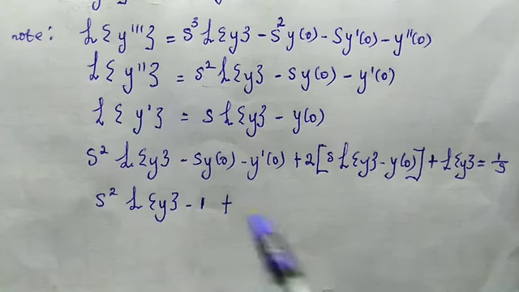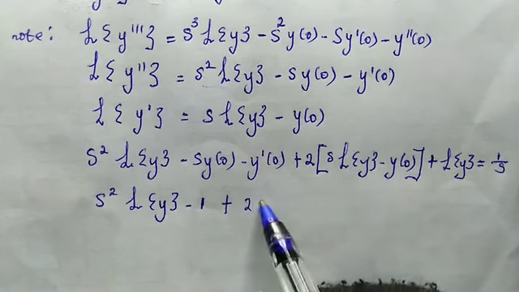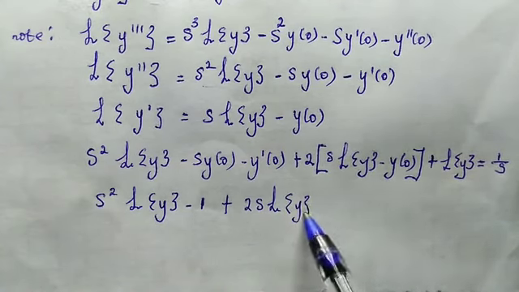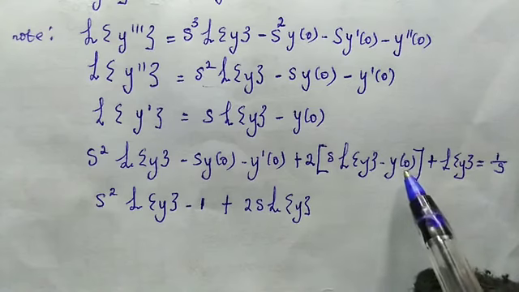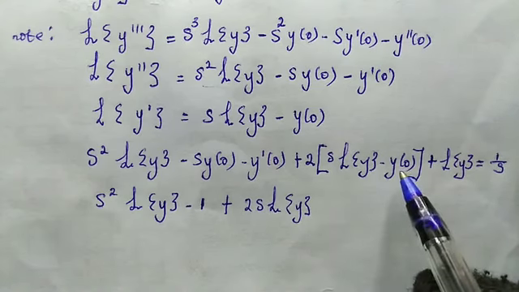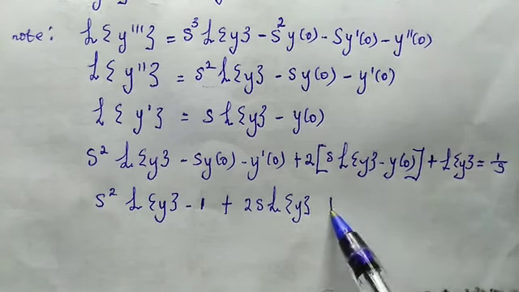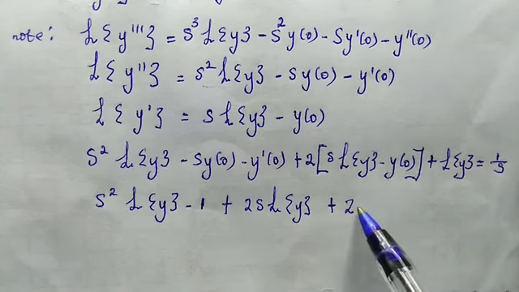Then plus 2 times s multiplied by the Laplace transform of y, and minus 2 times y(0), and y(0) is equal to 0, right? That will give us 0. Then here we have plus 2 multiply, right?